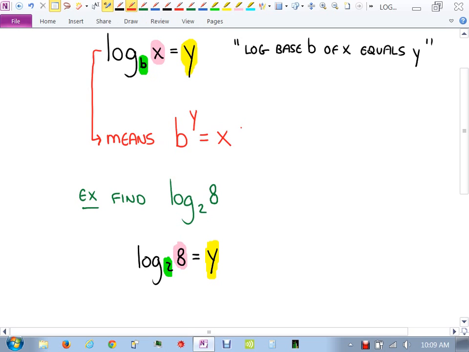So could you please rewrite that part using the b, the y, and the x that we have? What would it be? 2 to the y equals 8. Well, can you look at that and tell me what y is now?